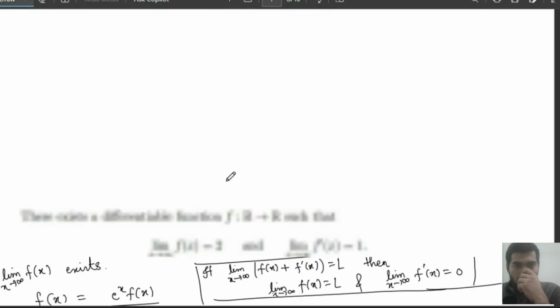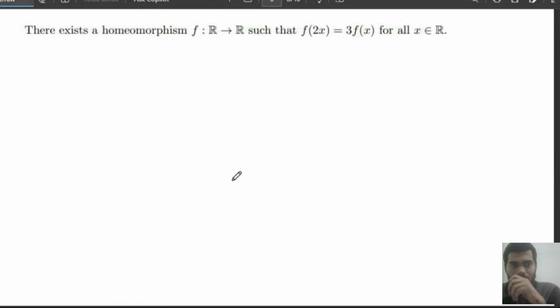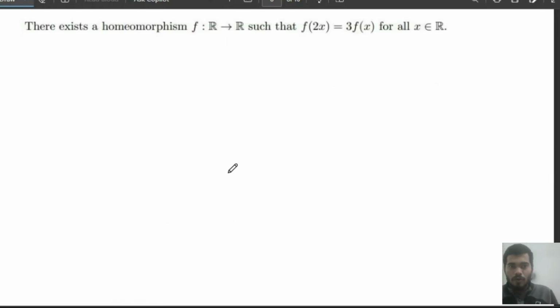Now one more interesting problem that was asked in the last TIFR test. There exists a homeomorphism f from R to R such that f of 2x equals 3 times f x for all x belonging to R. Is it possible?